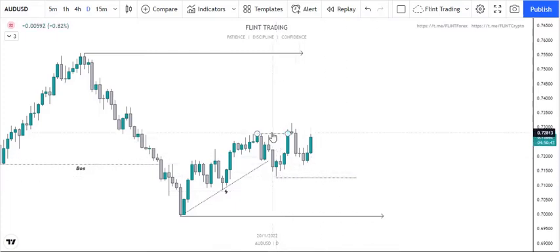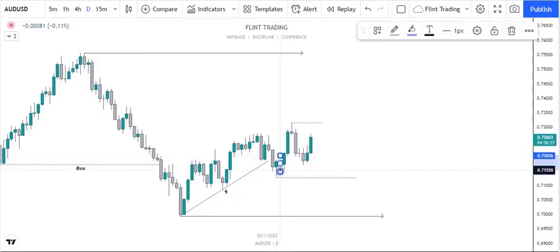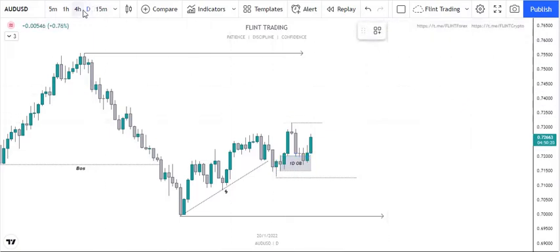So this is our structural low, and this is our structural high. As price broke the structural high, this right here is our daily order block. You can mark that up. Daily order block.